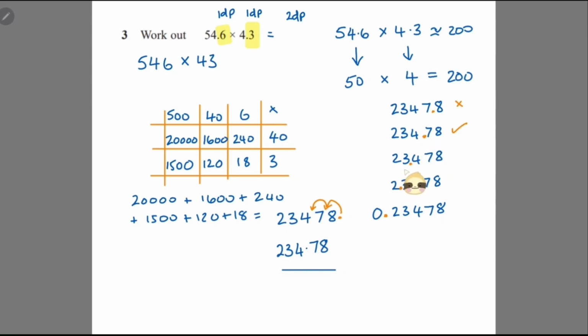The next one is 23.47. Too small. 2.347. Too little. 0.2347. Really too little. So the only logical position to put the decimal point is this middle one here. So your answer is 234.78.